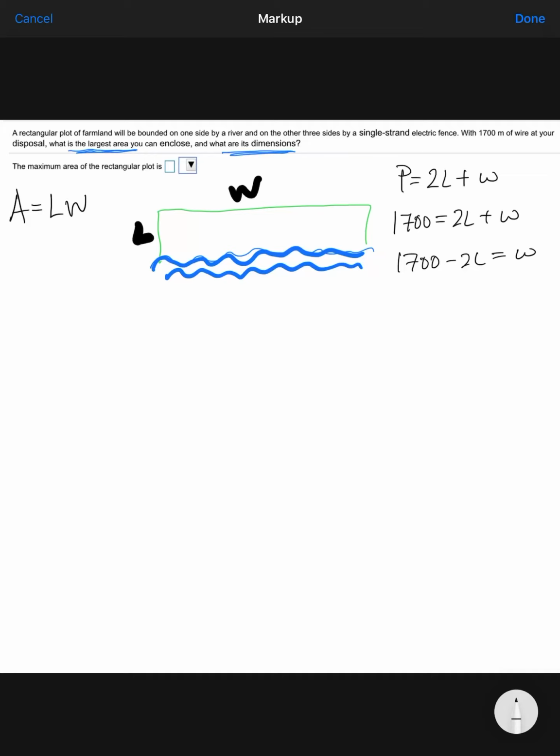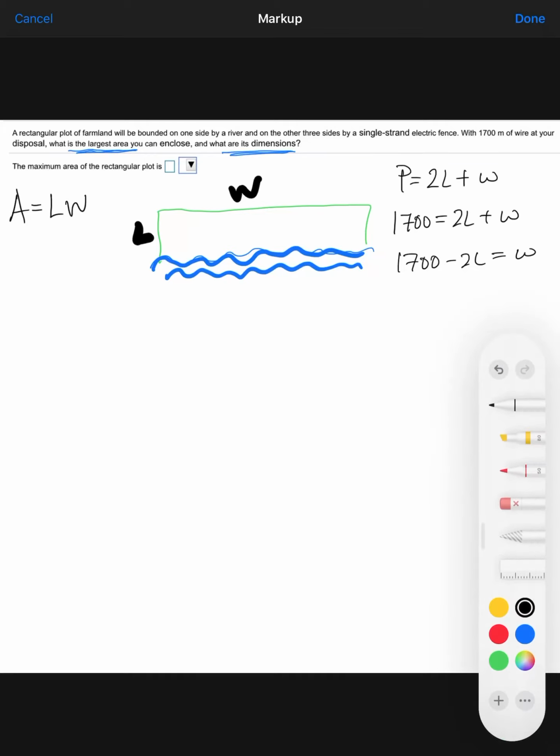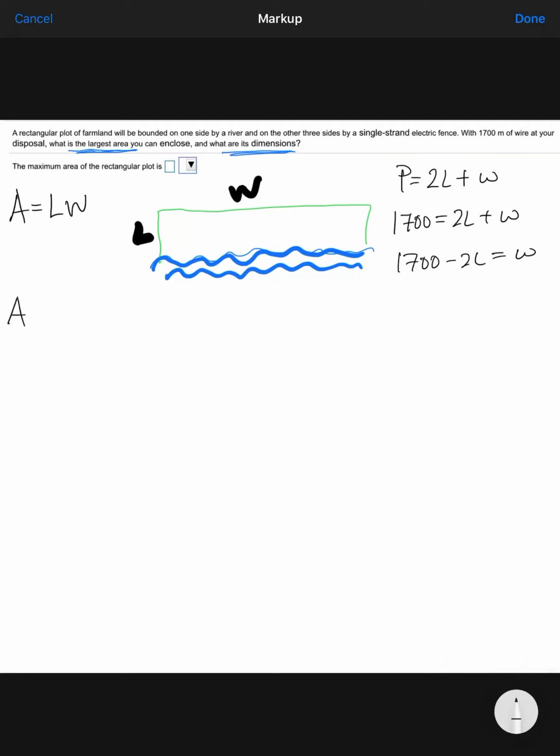We plug that width into the area formula. So we have A equals length times width, which is L times 1,700 minus 2L. A equals 1,700L minus 2L squared. We have our desired formula.